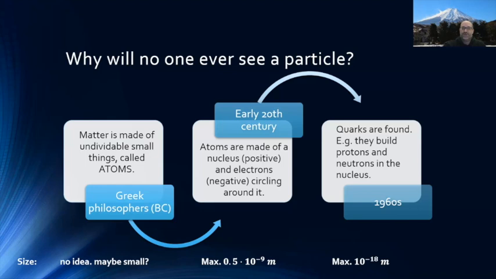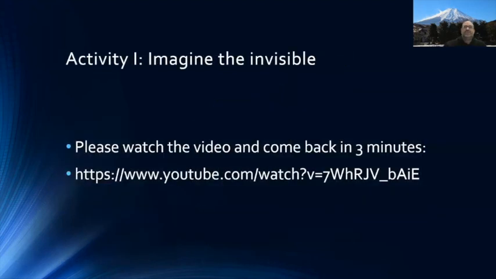Well, short answer, you can't. But I want to do a first activity now with you to get an imagination of which size we are talking about. I have a link here. I want to copy this one to the chat, and I ask you to open this link and just watch the video which is hidden behind it.